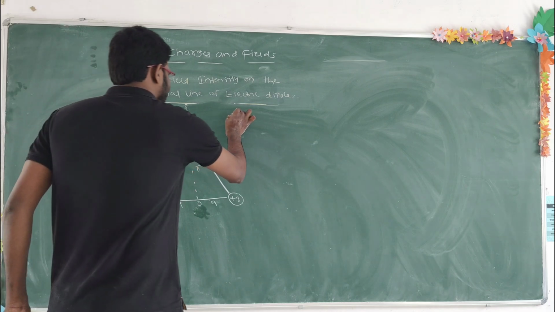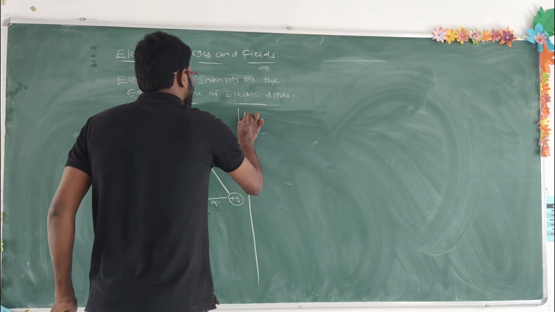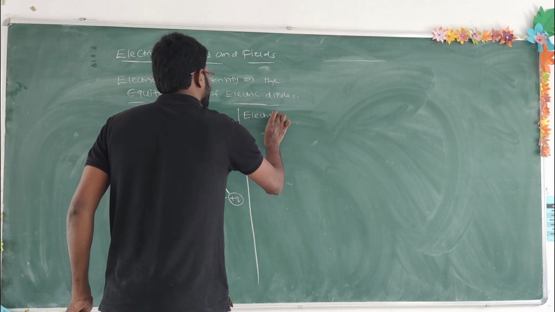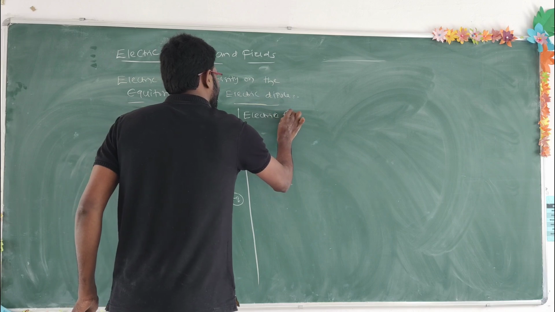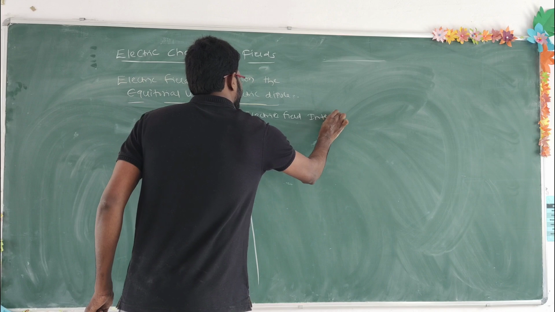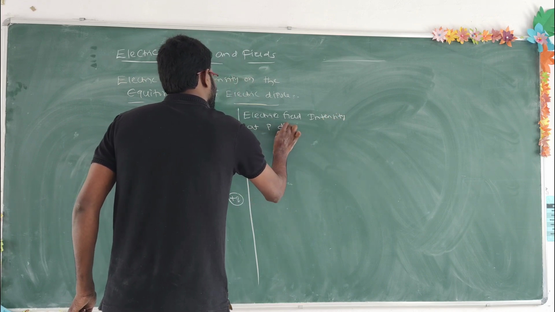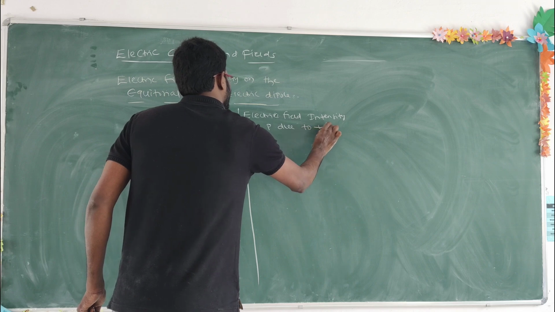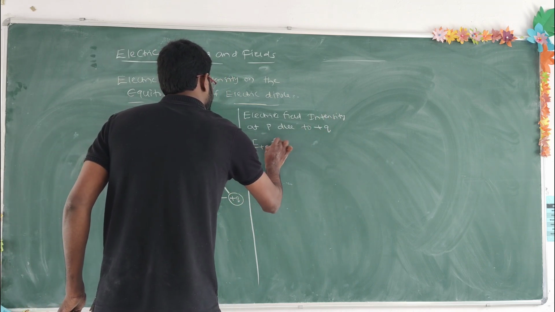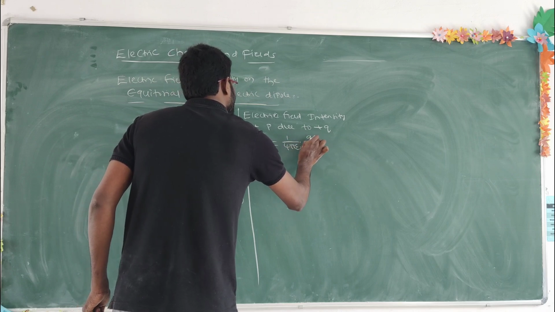Now we will write the electric field intensity at P due to plus q and minus q. We know the electric field due to plus q, E plus q, is 1 by 4 pi epsilon naught q by r square.